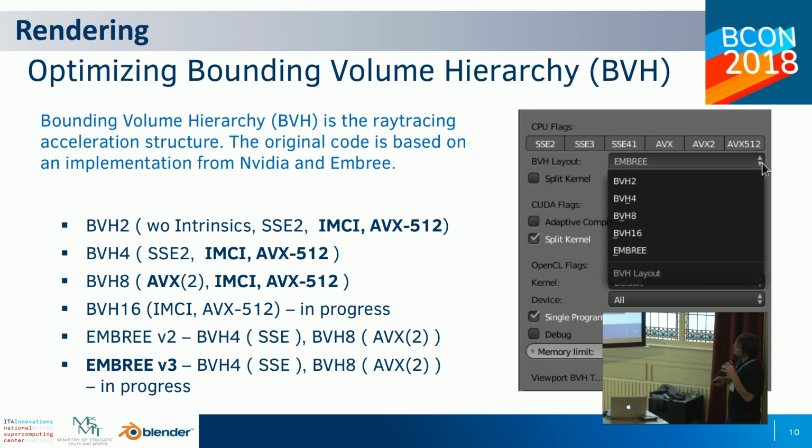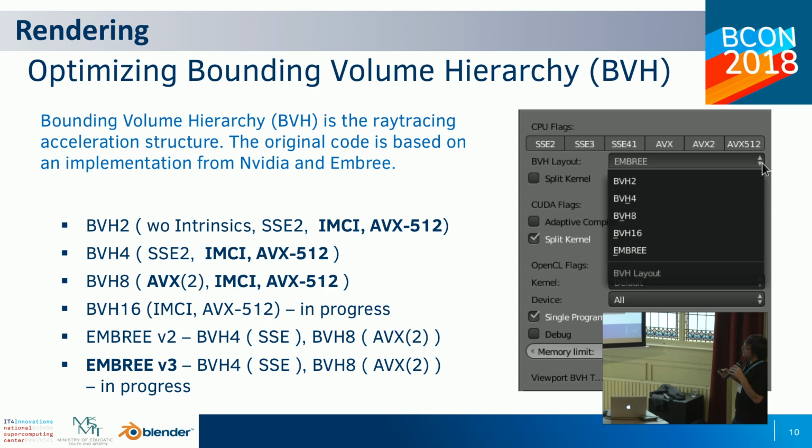A significant amount of work that Milan did was to support different vectorization instructions. For different BVH widths, you have BVH 2, 4, 8, up to 16, and different types of instructions are more useful.